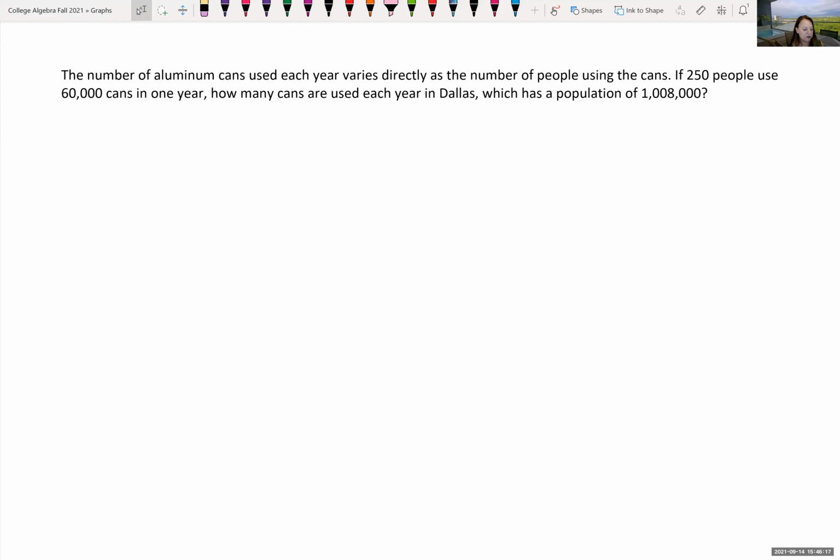Okay, so the next example says the number of aluminum cans used each year varies directly as the number of people using the cans. If 250 people use 60,000 cans in 1 year, how many cans are used each year in Dallas, which has a population of 1,008,000? Okay, so I'm going to first pick out what my equation is.